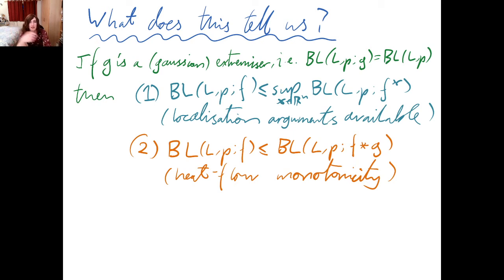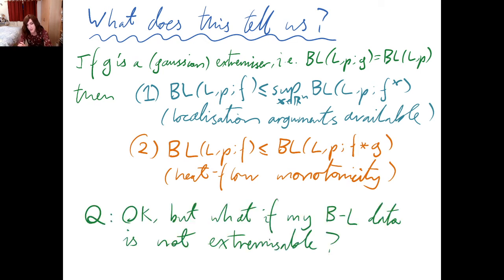And you just do this iteratively, then by the central limit theorem, it's going to converge to a Gaussian, which implies that if you have an extremizer for your Brascamp Lieb inequality, then you have to have a Gaussian extremizer by this iterative procedure. But also, I say here, this is heat flow monotonicity. If G is a Gaussian extremizer, then all of its L1 rescalings are also Gaussian extremizers. So I may as well have written G sub T there rather than just T. So this really is a heat flow monotonicity statement.